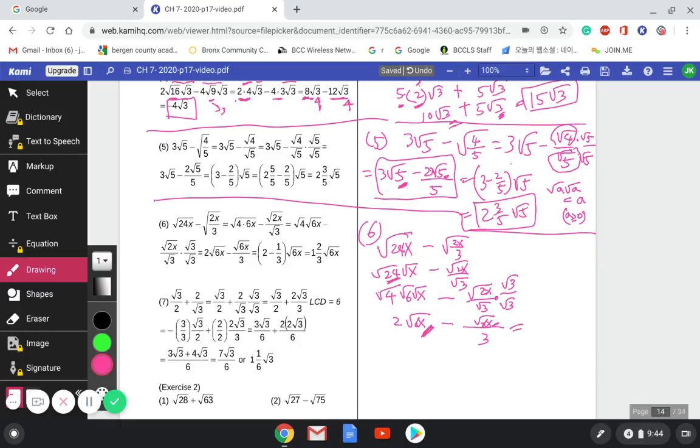So you have 2 minus 1/3 with the square root of 6x. Okay? Because square root of 6x means like 1 square root of 6x, so outside is 1/3. So 2 minus 1/3 ends up with 1 and 2/3 square root of 6x. So that becomes your final answer.